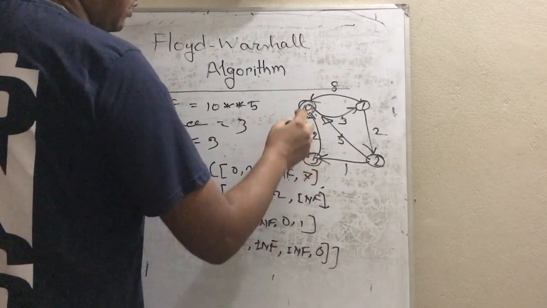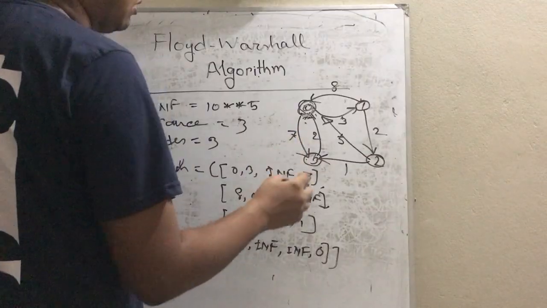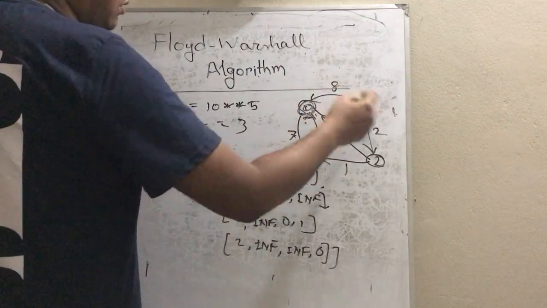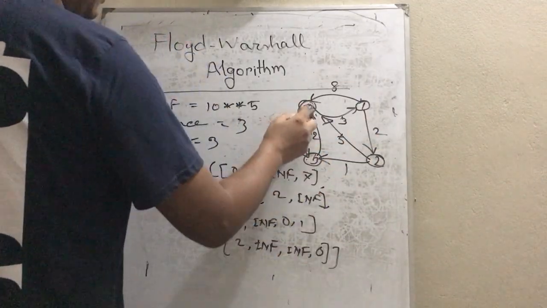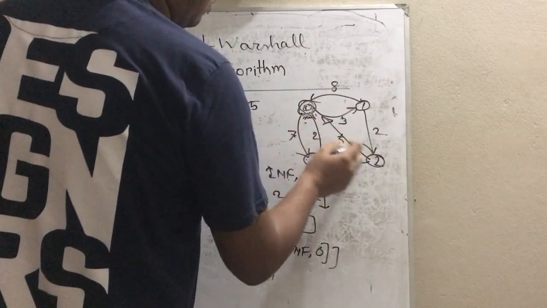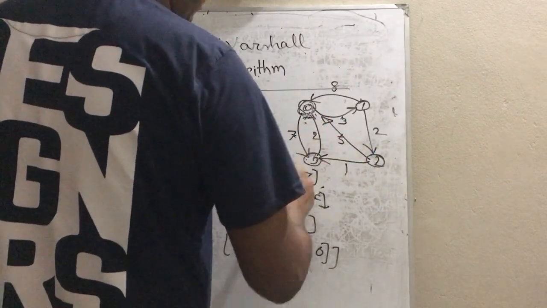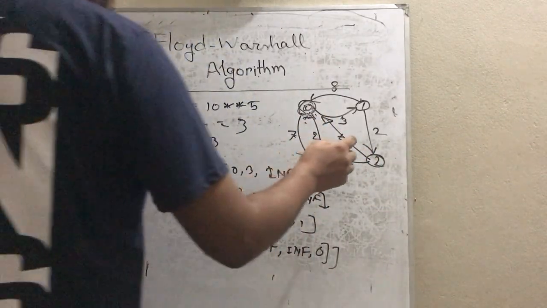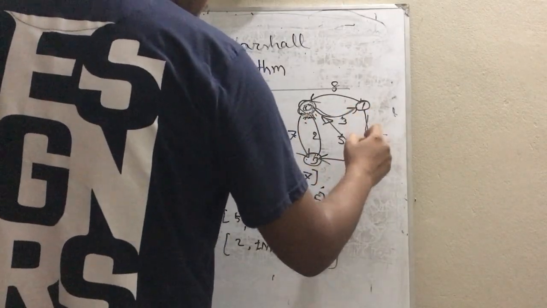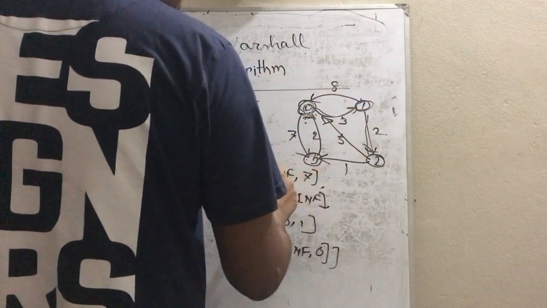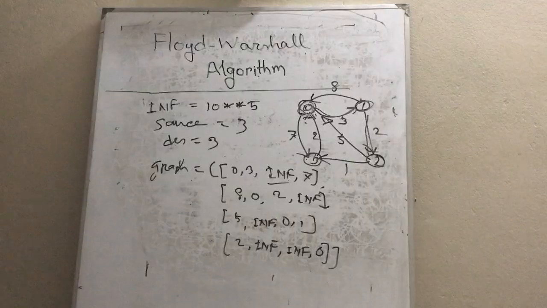From 0 to 3, 7. We are not talking about paths, we are talking about neighbors. There is a path from 0 to 2 if you go via 1, but initially it is infinite. This is the given graph.